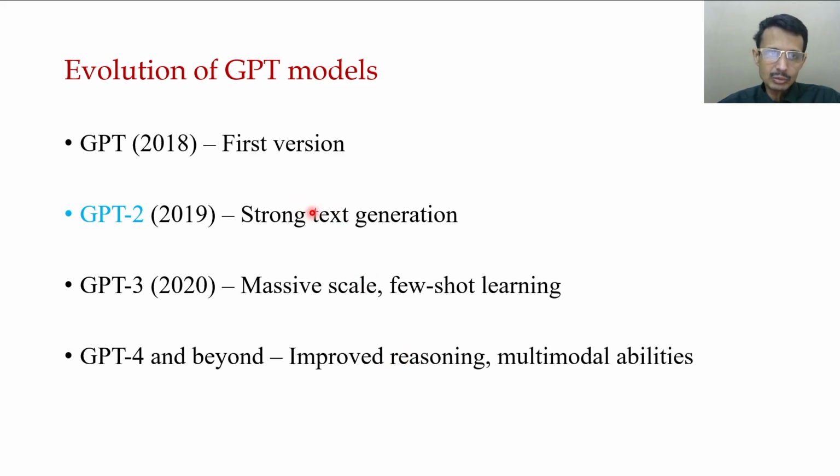In this lecture we discuss GPT-2 mainly. The architecture and training are more or less the same, but there are some improvements, so that we can understand the basic know-how of the GPT models.